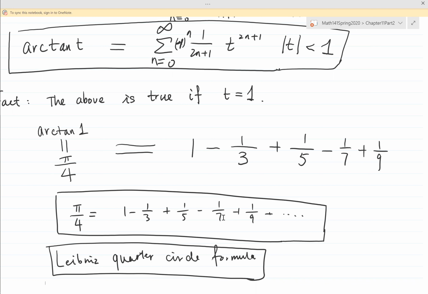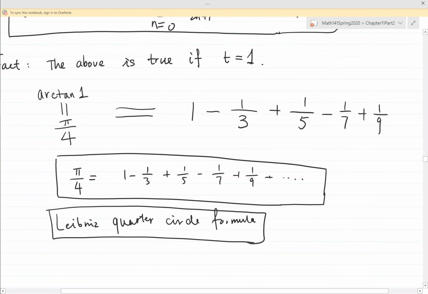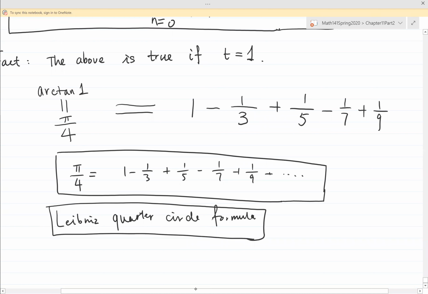And actually, this is only a small piece of the beginning of a big story in number theory, i.e., this is related with special values of L functions.